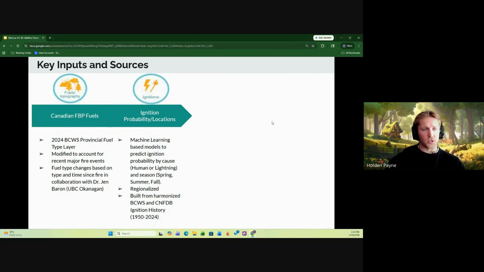And then for lightning, things like terrain and slope and elevation and height of the dominant vegetation. And this was built from harmonized BCWS and Canadian National Fire Database ignition data. So we brought as much ignition history into it as we could, as far back as 1950, and then tried to harmonize it to make sure we had as much accurate ignition data as possible.